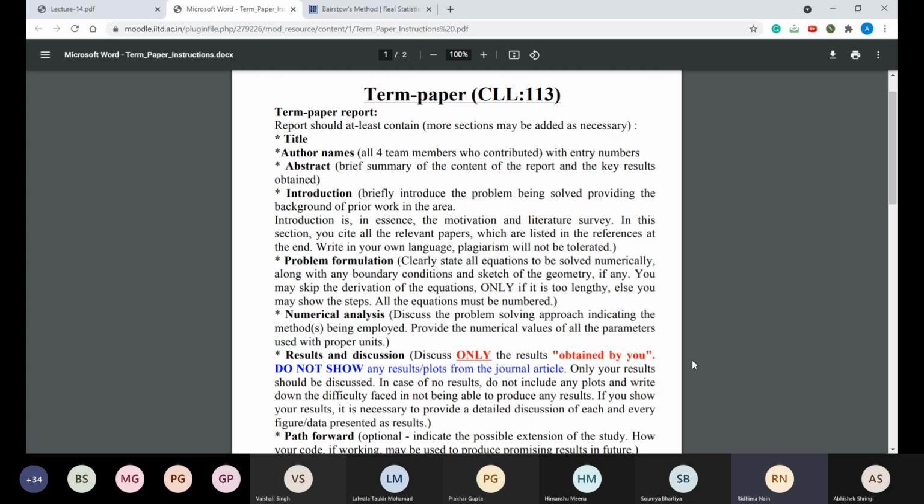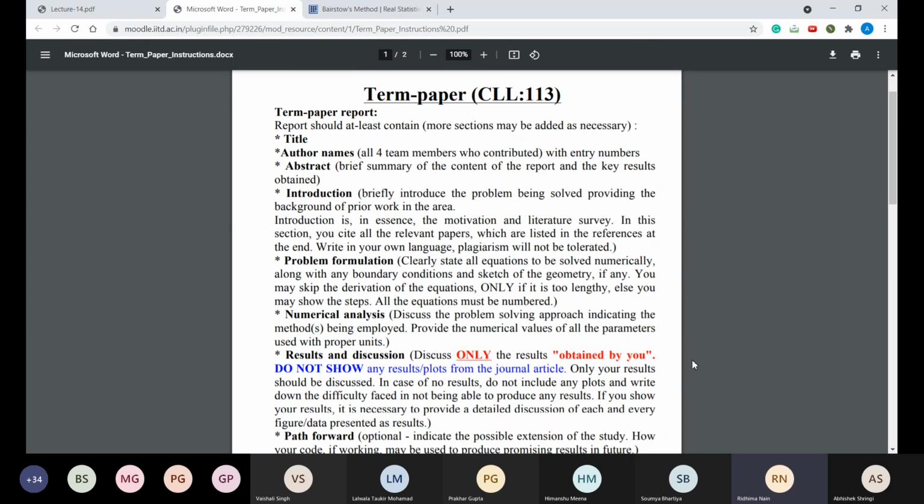For now, what's important is that you firstly select your term paper, and if you have any problem while selecting it, or need any help, you can just ask us, write an email, or post it on the doubts channel. We'll reply to your doubts.